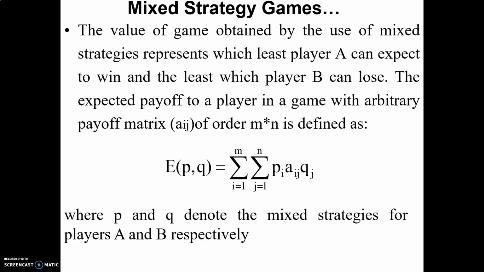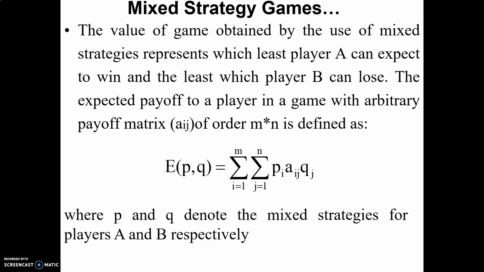The expected payoff to a player in a game with arbitrary payoff matrix Aij, of order m into n, where m stands for the number of rows and n stands for the number of columns, is defined as E(P,Q) equals summation i to m, j to n of Pi Aij Qj, where P and Q denote the mixed strategies for players A and B respectively.